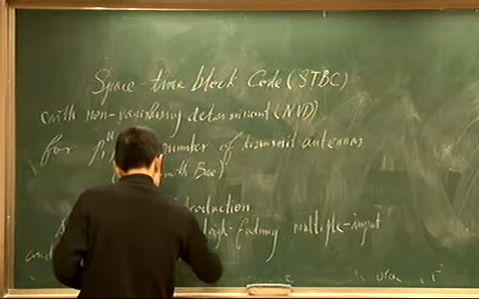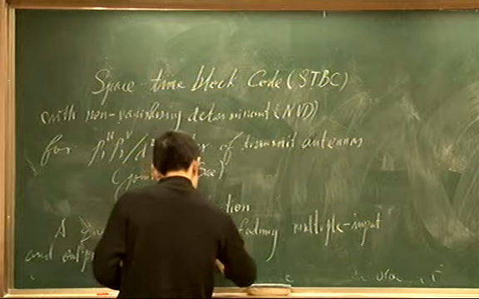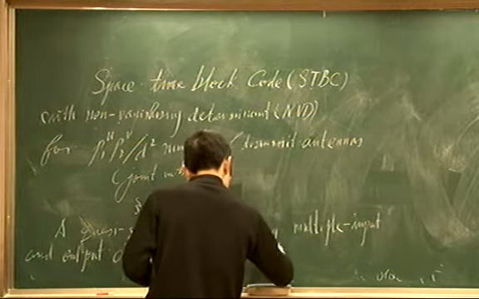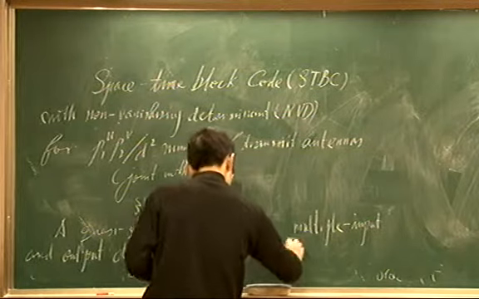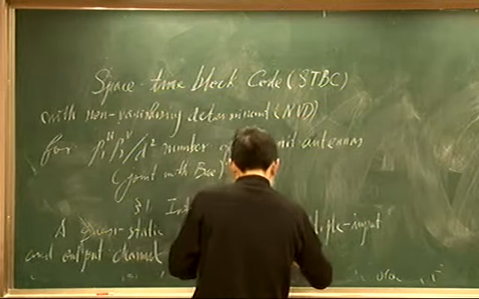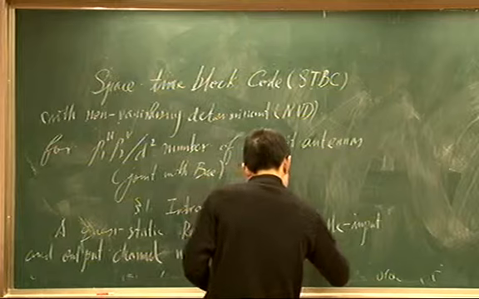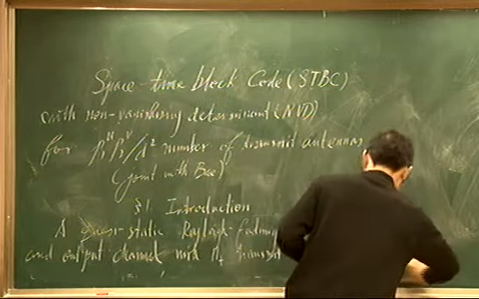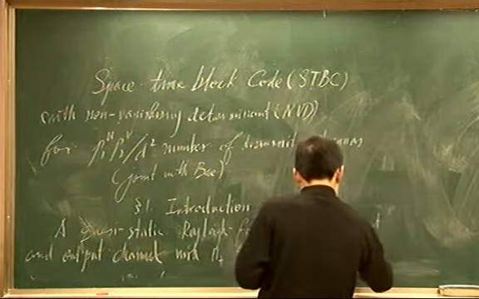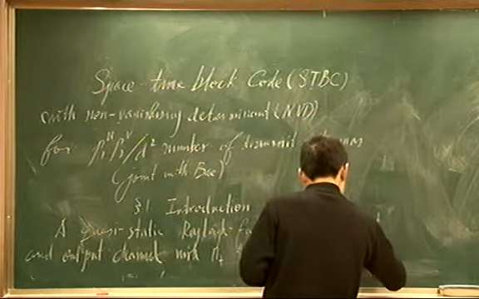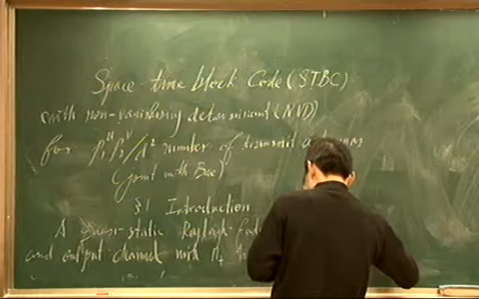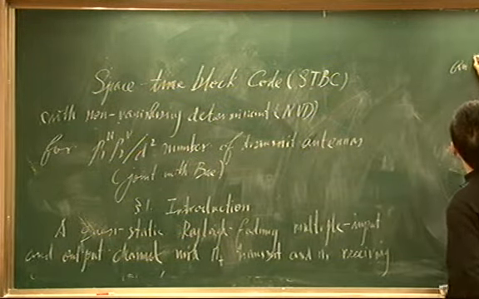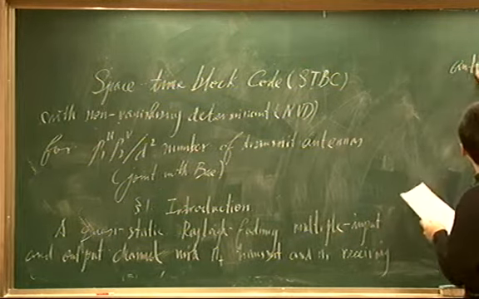With NT is transmit, and NR is receive antennas.